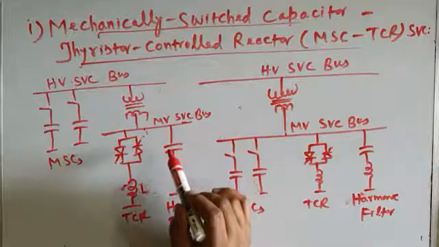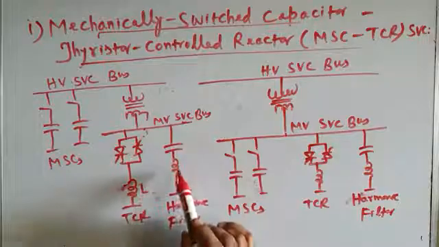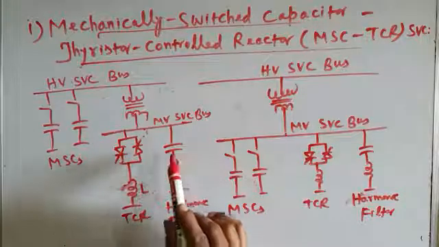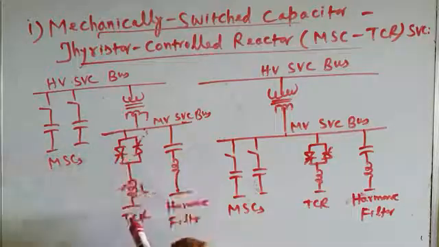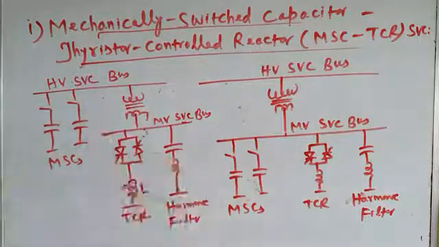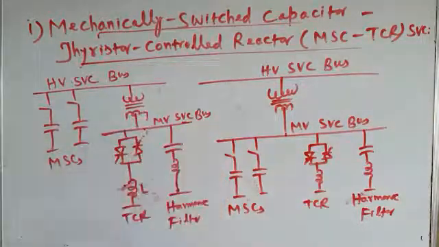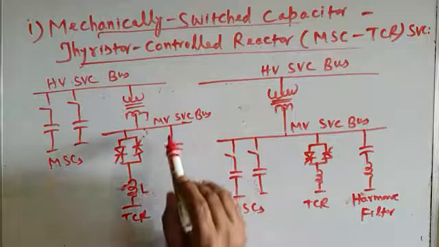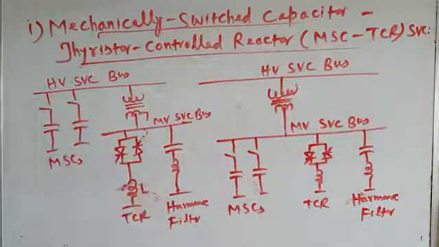And instead of connecting the harmonic filters to the high voltage bus, we connect them to the medium voltage bus, because when they are connected there, the harmonic currents drawn by the TCR will always be flowing through the transformer primary and secondary windings. And to rid the transformer windings of these harmonic currents, it is advisable to connect the harmonic filters at the medium voltage bus, not at the high voltage bus.